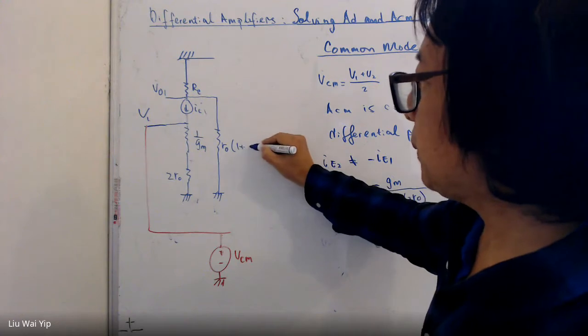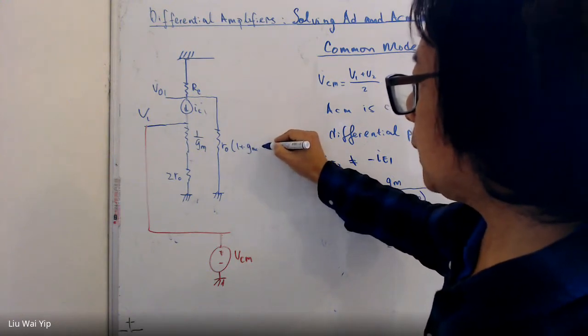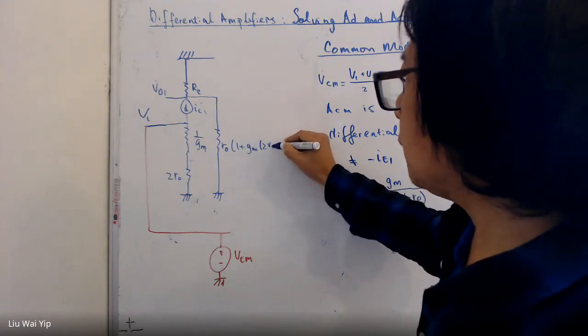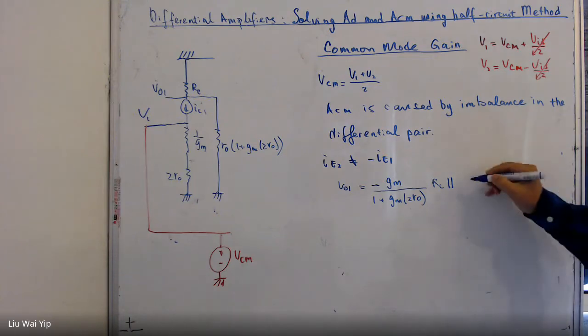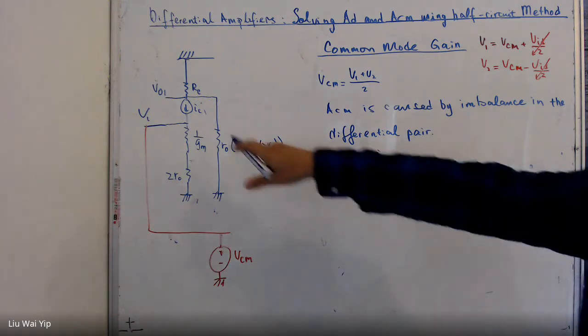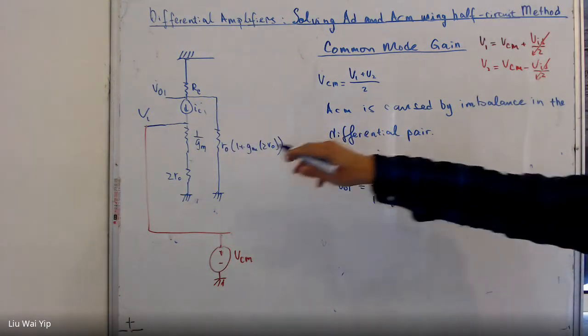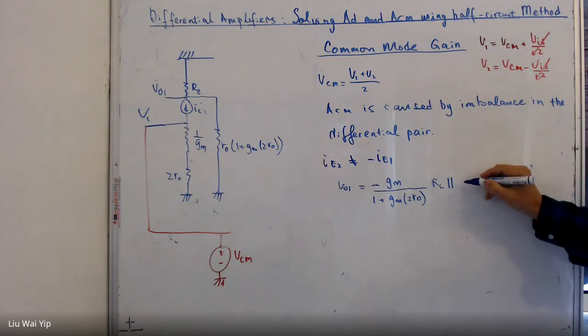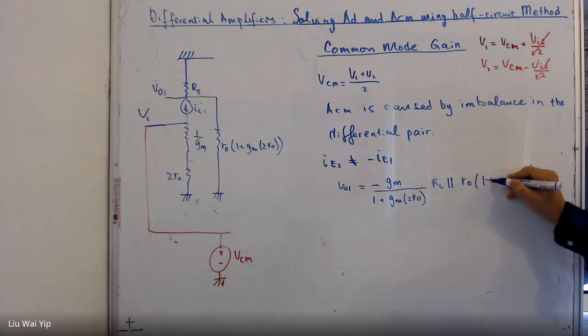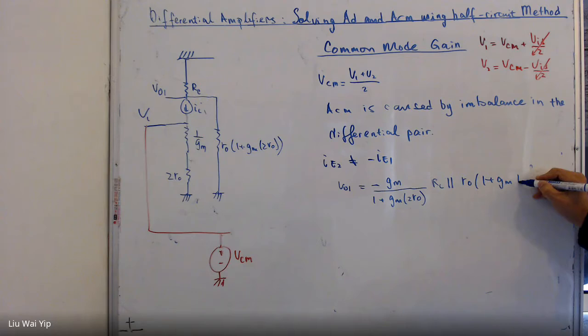Times 1 plus gm, and then 2 RO. So based on this simplified small signal diagram, we know that it is going to be 1 plus gm RO.